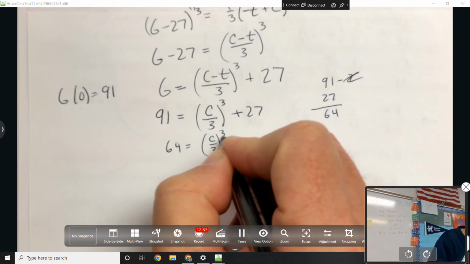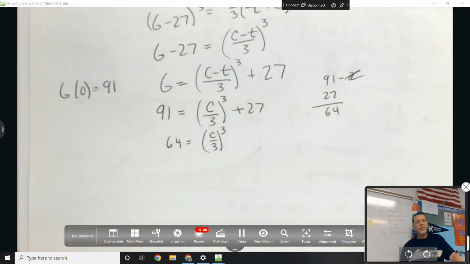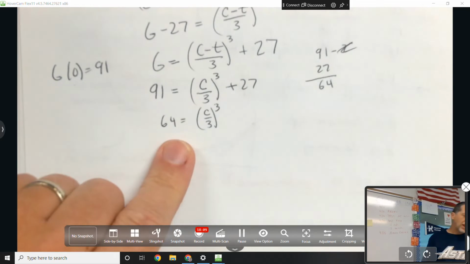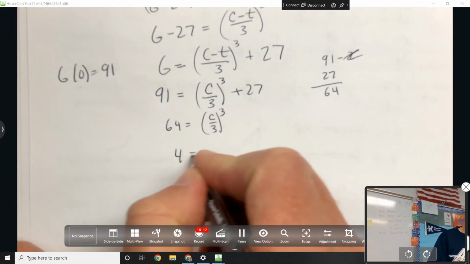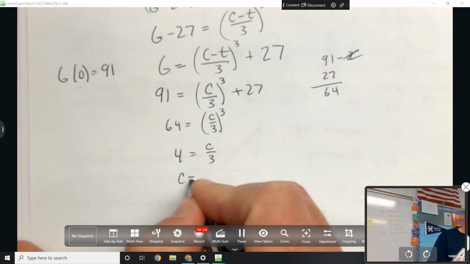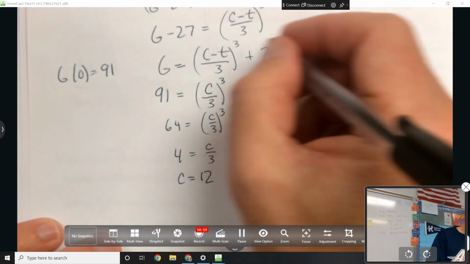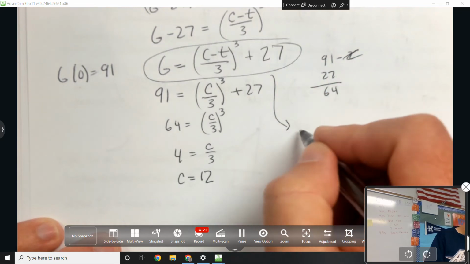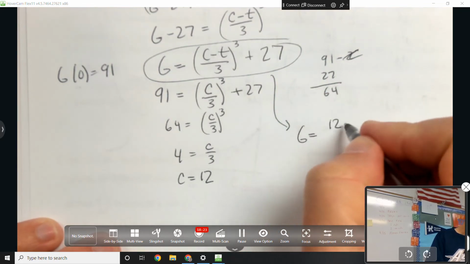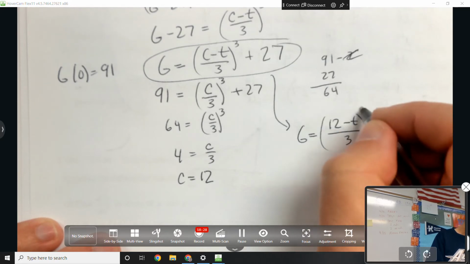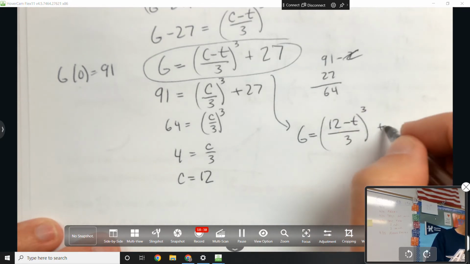Oh, they were kind to us. Because if I cube root 64, what's the cube root of 64? 4. I don't have a calculator, but they kind of rigged this problem for us. So all that to say, c equals 12. So g equals 12 minus t over 3 cubed plus 27.